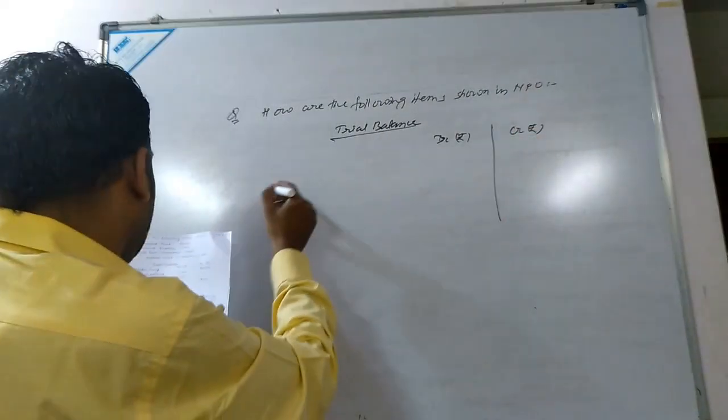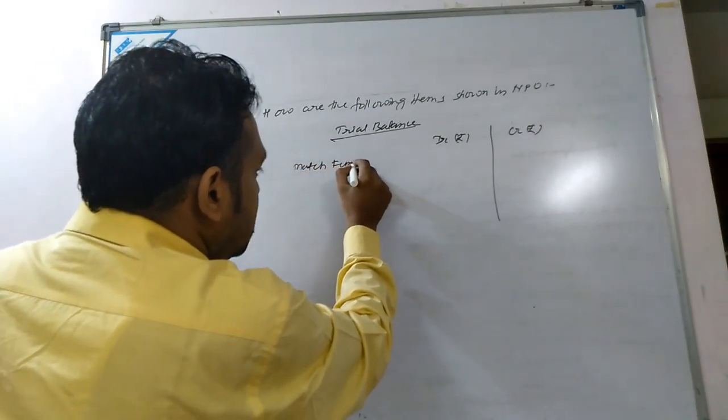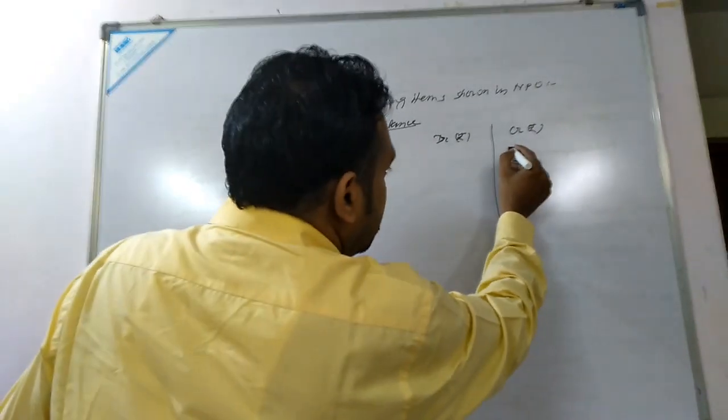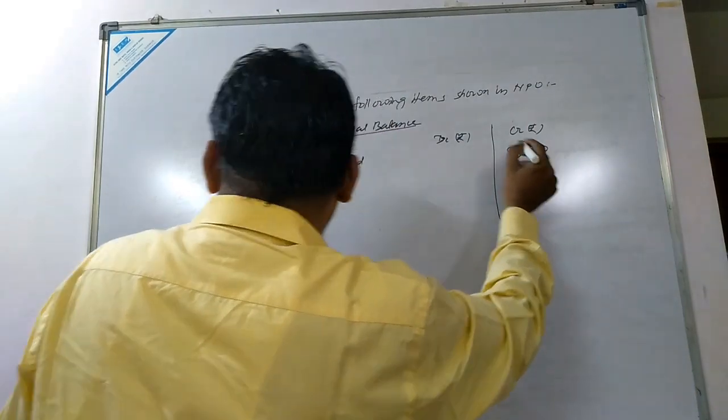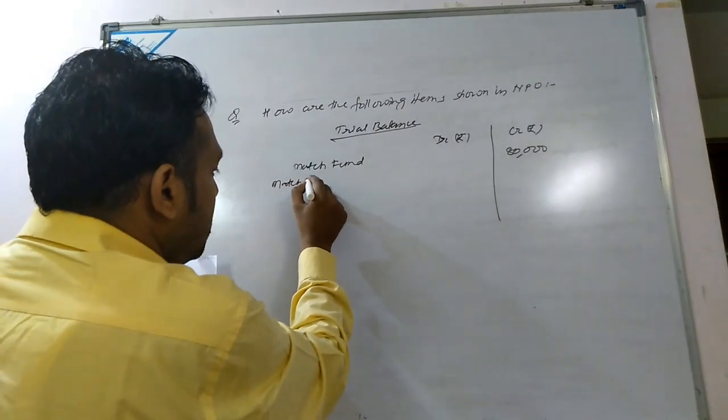Here we have got match fund, given on the credit side as 80,000.